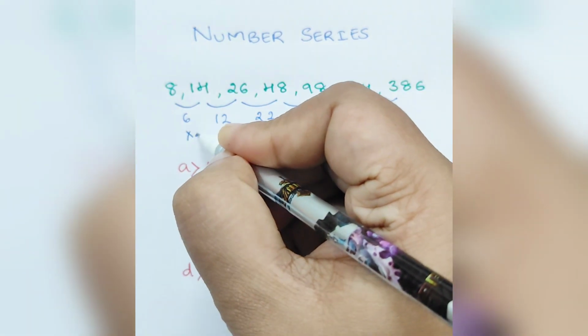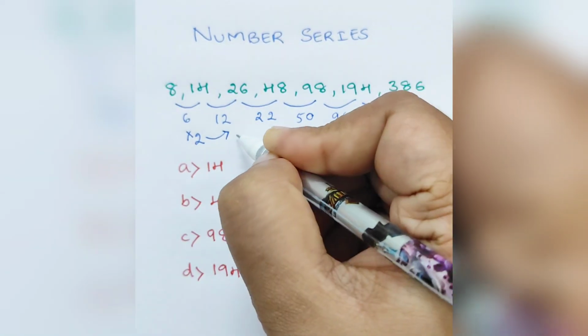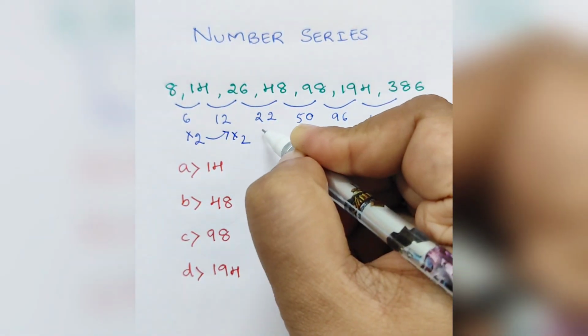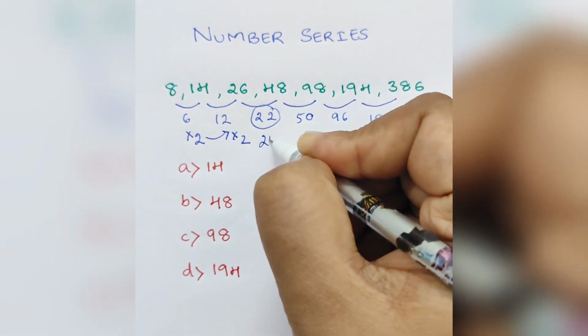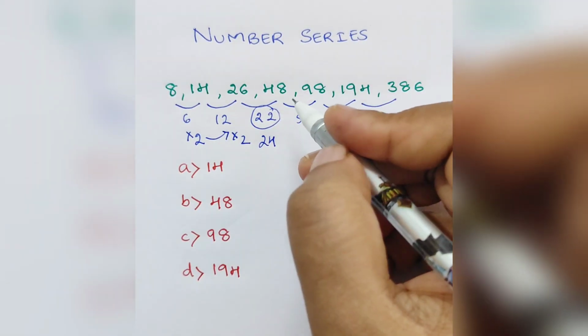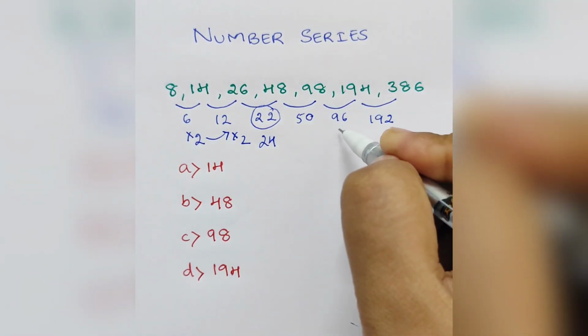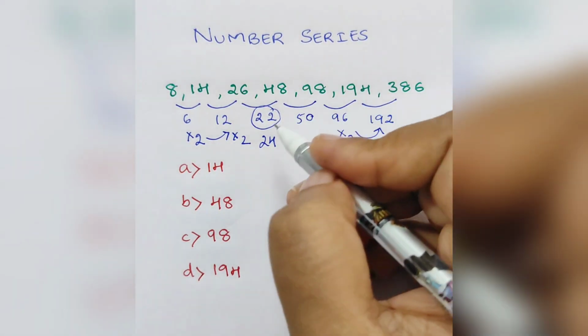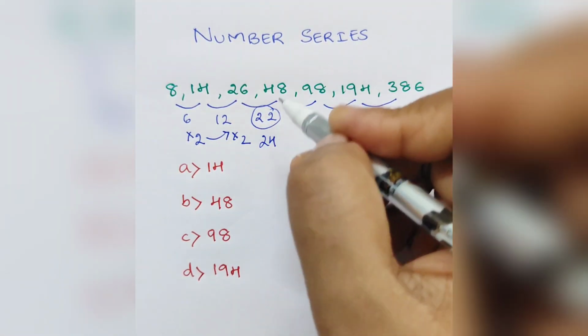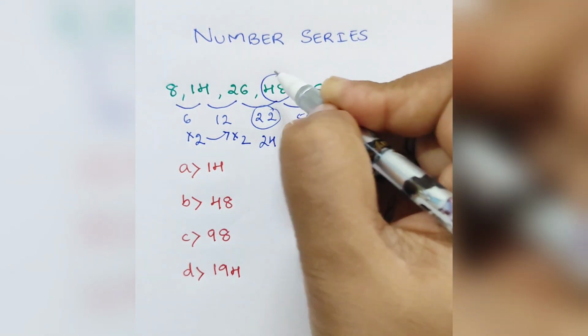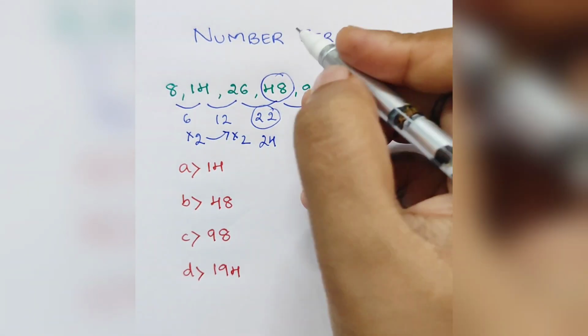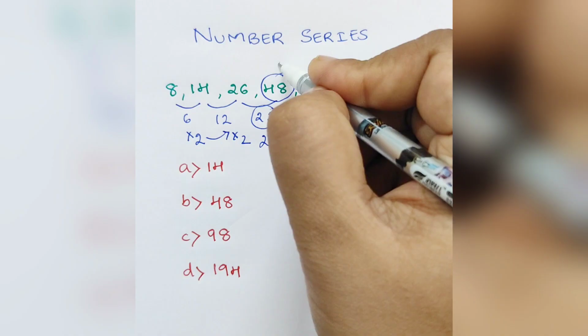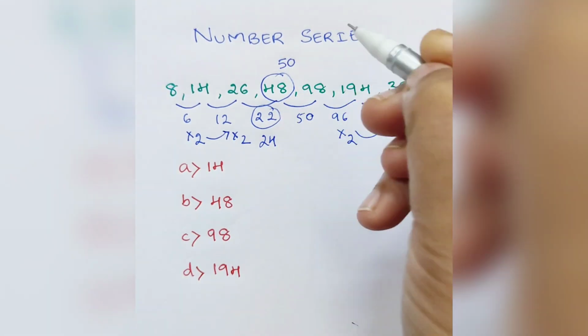So 6 into 2 gives 12. 12 into 2 is 24. So let's go further. 96 into 2 gives 192. So here 48 is the wrong number. So instead of 48, it should have been 50.